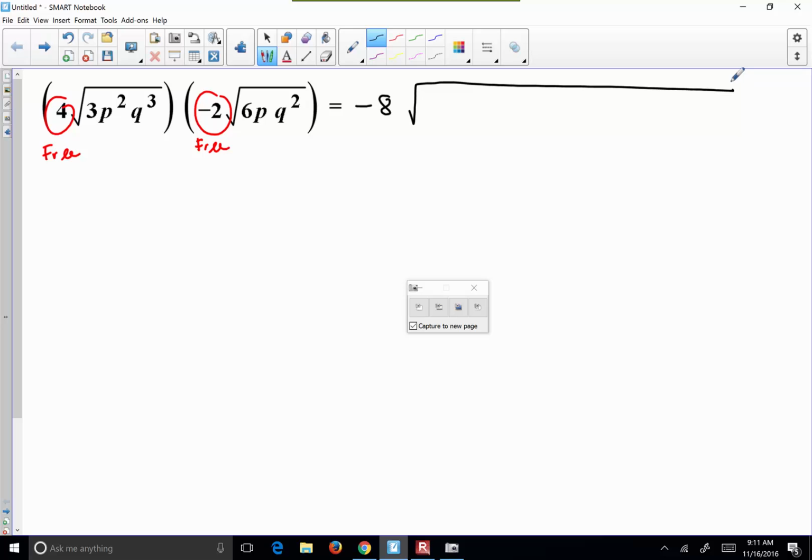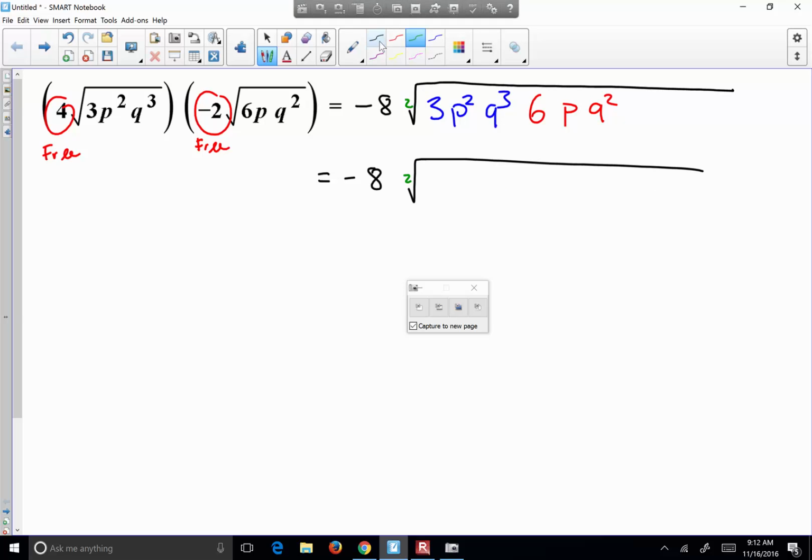And take a really big jail and stuff these two jail groups into the same roof: 3p squared q cubed is the first group, 6pq squared is the second group. They will combine forces and make bigger powers and start bribing the guard. What is the guard, by the way? 2. So to break prison you need $2.